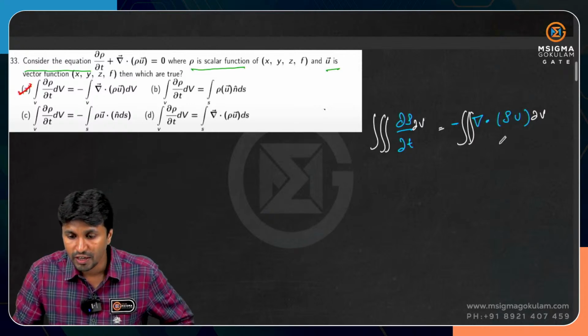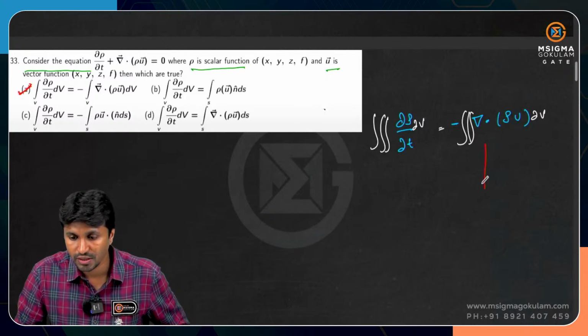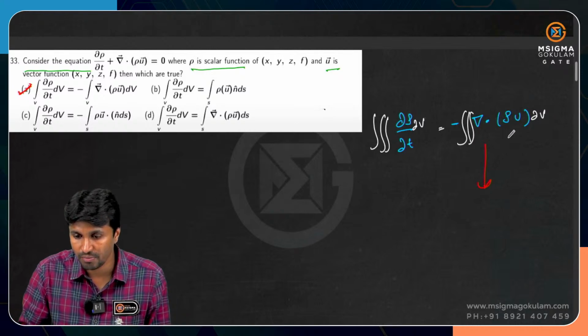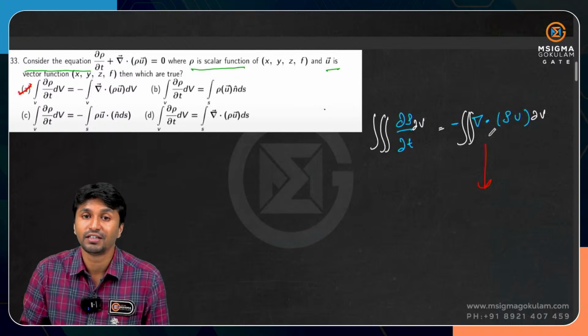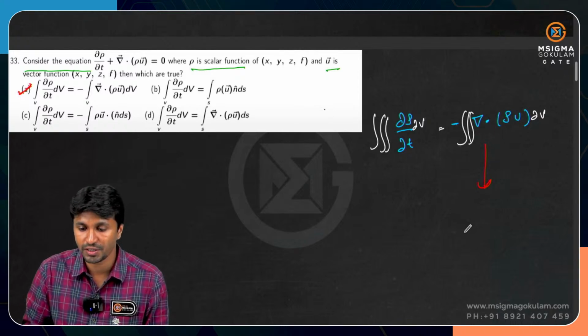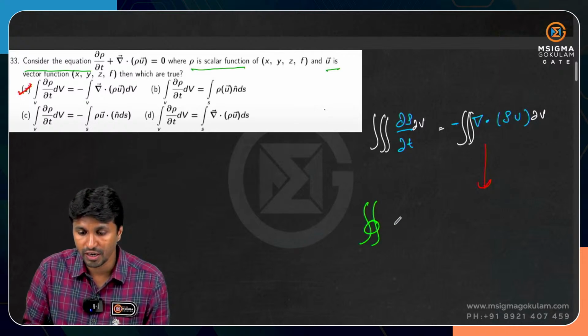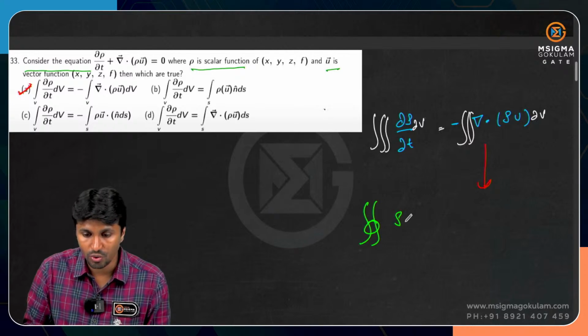Now look at this one. Just by looking at this term I can apply the Gauss divergence theorem. This is the triple integral of del dot rho u, so it should be the closed integral of rho u bar dot dS.